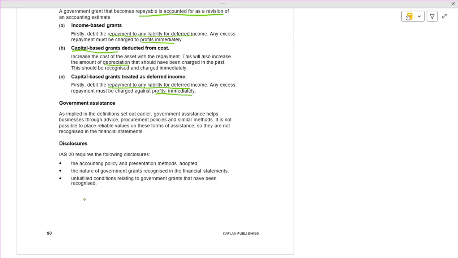What is implied? As per the definition, government assistance helps businesses through advice and procurement policies. It is not possible to place reliable values on these forms of assistance.